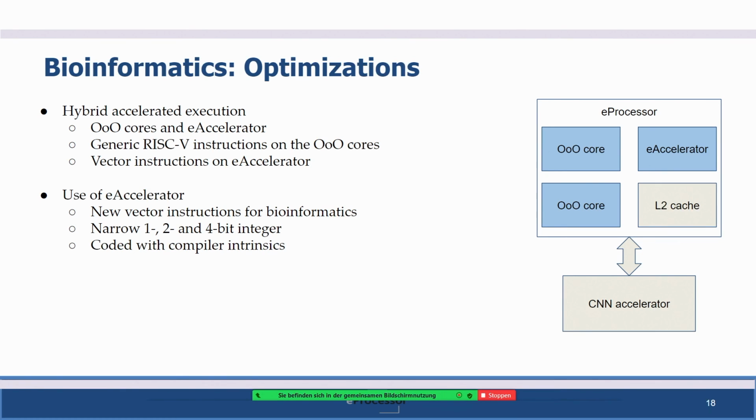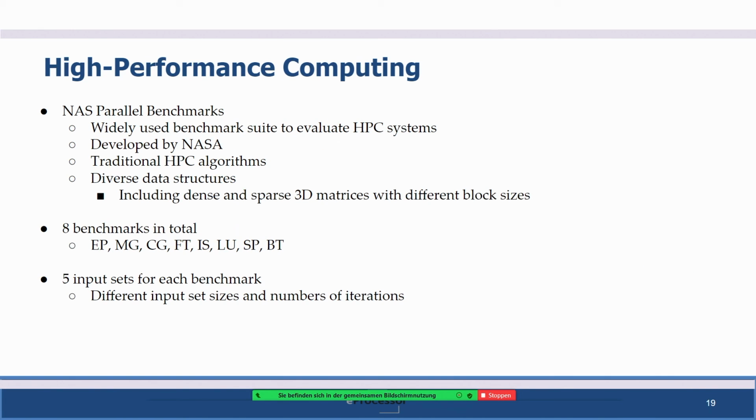In particular, we're going to propose some new vector instructions for bioinformatics and use narrow integers of 1 to 4 bits. And all this is going to be coded at the application level with the compiler intrinsics provided by our compiler team. So if you move to the next slide, final use cases are the HPC.